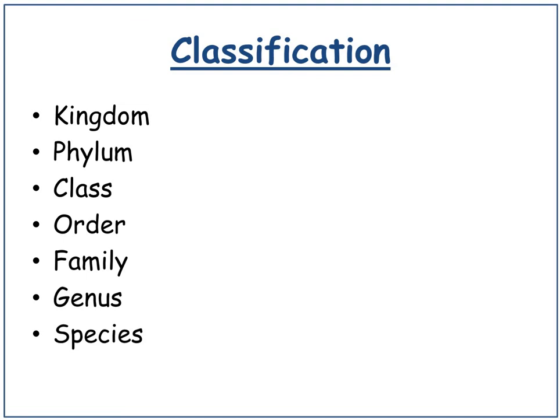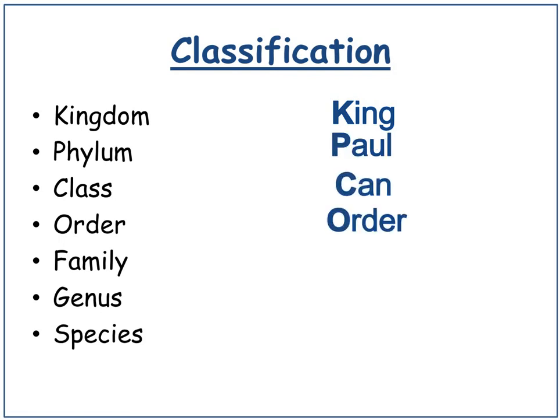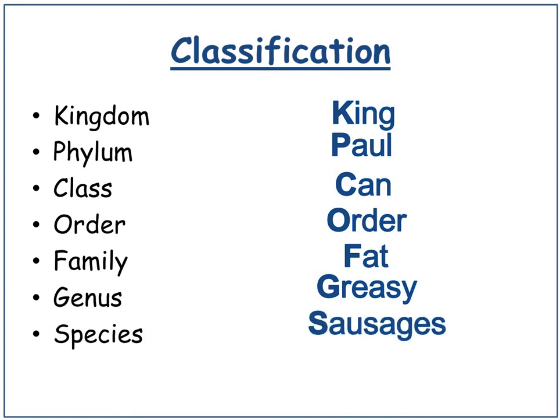A way to remember this is: king, Paul, can, order, fat, greasy, sausages. So K for kingdom, P for phylum, C for class, O for order, F for family, G for genus, and S for species.